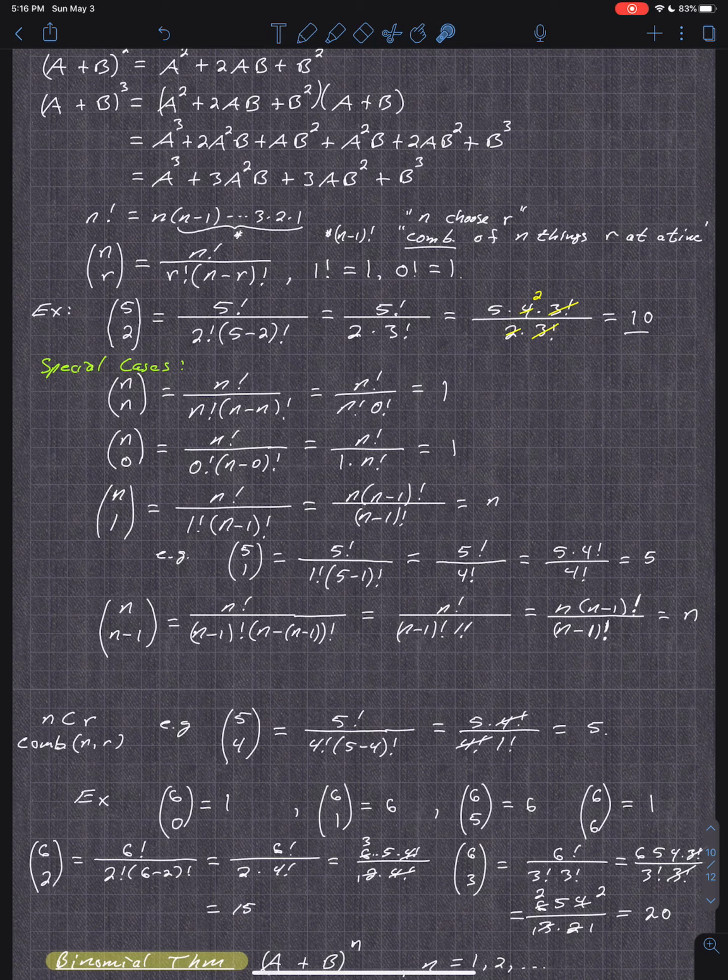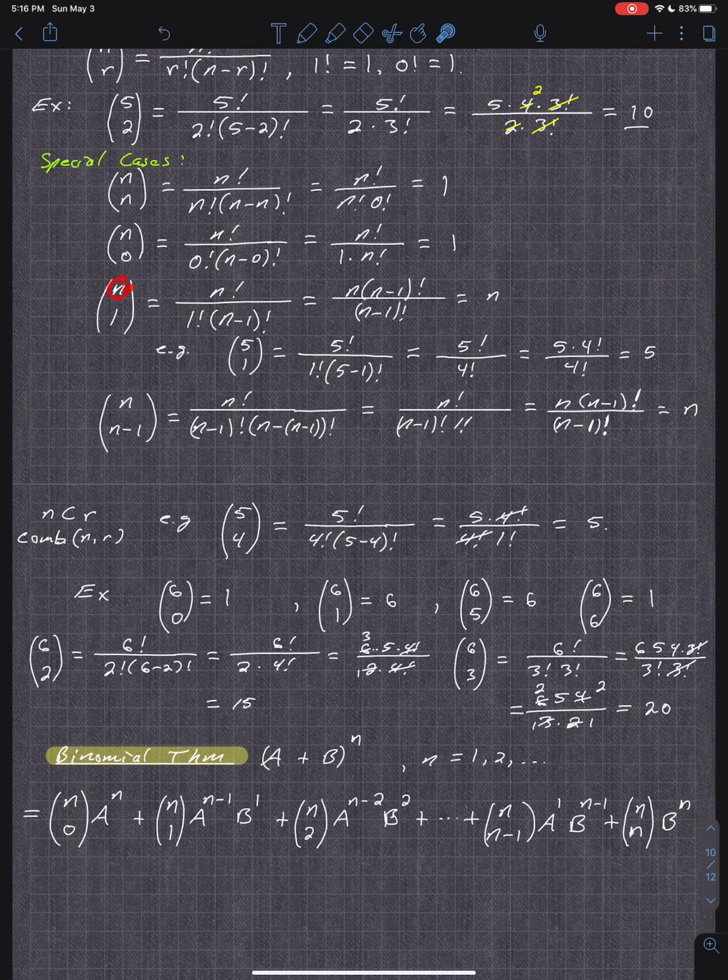So when you have n choose n, you're going to get n factorial over n factorial, and then n minus n is 0 factorial. So all that reduces to 1. n choose 0, same thing, reduces to 1. Spend some time studying how that works.